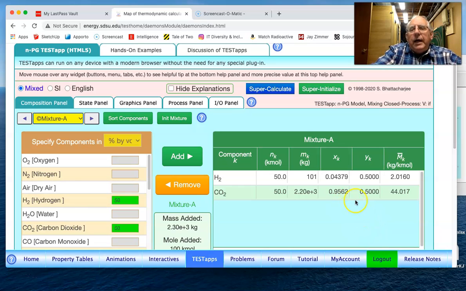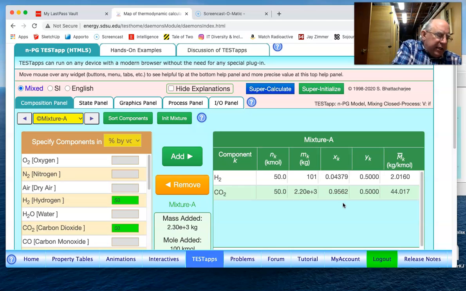And what I want to pick up is what is the mass fraction of each of the two components. And so we know that we determined that the total amount of mass from state 1 was 3.7769.